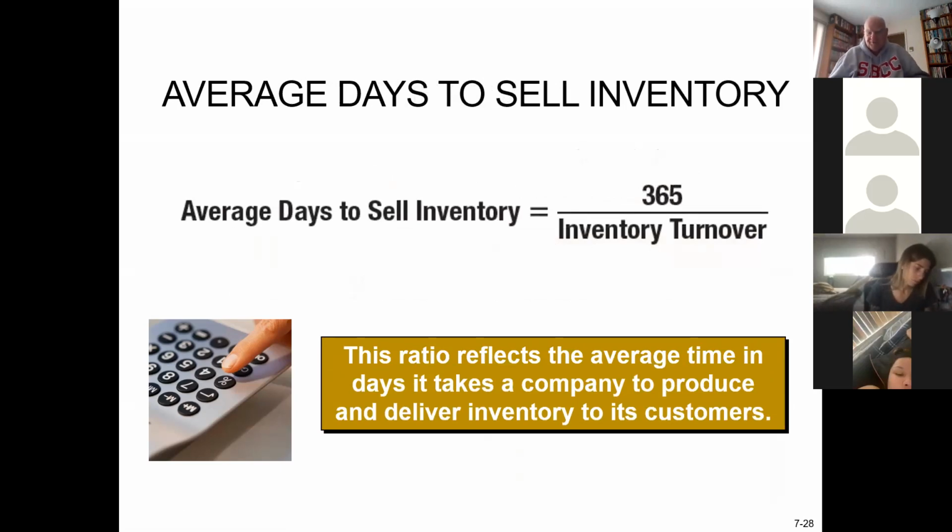Whatever the turnover is, if you divide it into a year, 365 days, you'll get the number of days it takes a company to produce and ship its product. In our case, since we're Nordstrom's or Macy's, the inventory turnover number tells us how quickly we sell our product from the moment it enters our store, okay?